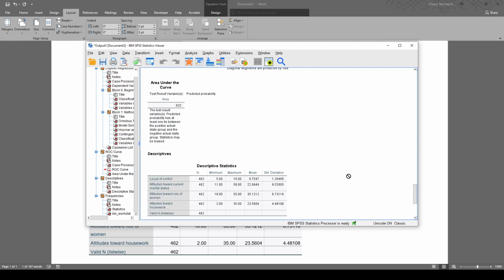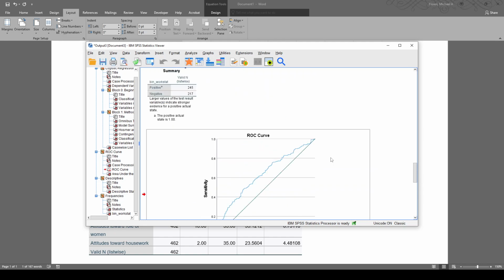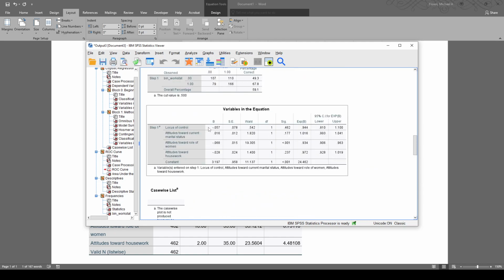But in terms of interpretation, all that really changes is when I'm interpreting the significance of something like locus of control. Now when I interpret that significance, I'm going to interpret it not just with the rest of the attitudinal variables included in the model, but I'm now going to interpret the significance of any particular variable with all of the other variables, attitudes, and all the demographics included in the model.